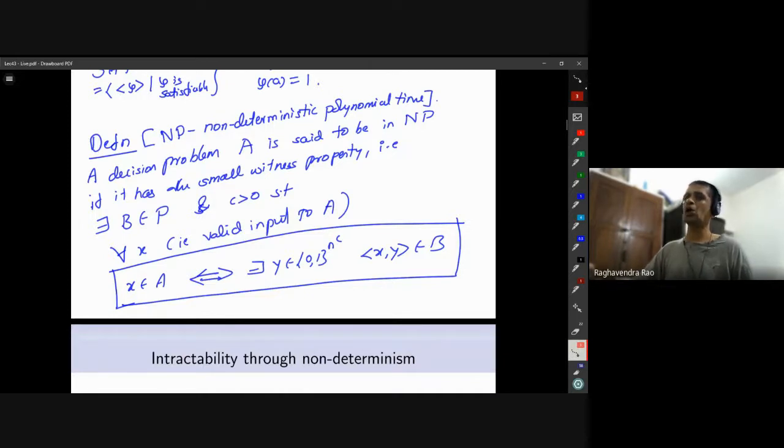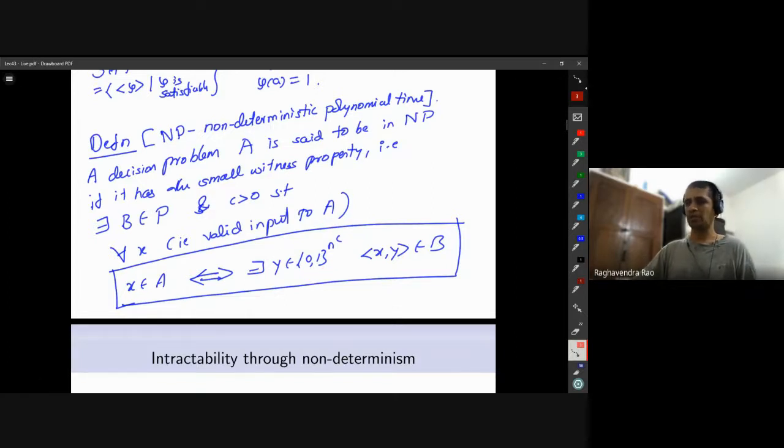So using log k bits, you can represent them, right? A Turing machine is finite state, so the number of states is bounded compared to n. So log k is a constant number, right? So a constant number times whatever the running time is, those many bits are enough to represent the choices made through non-determinism.